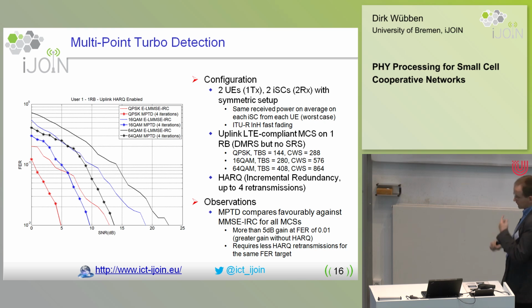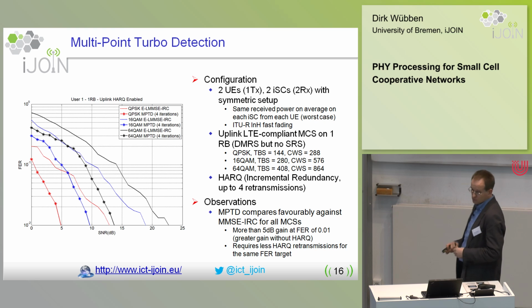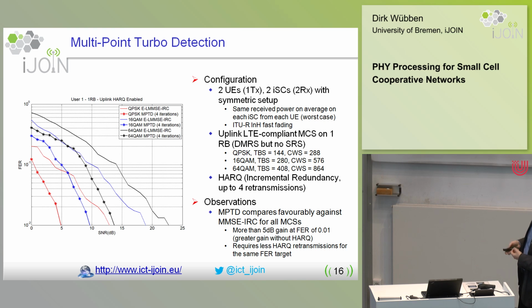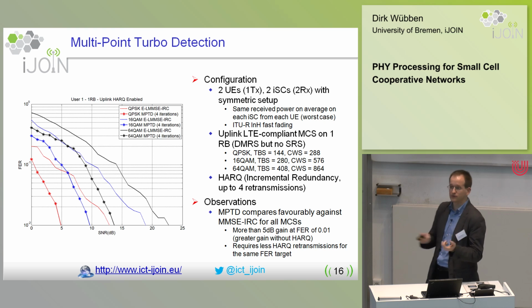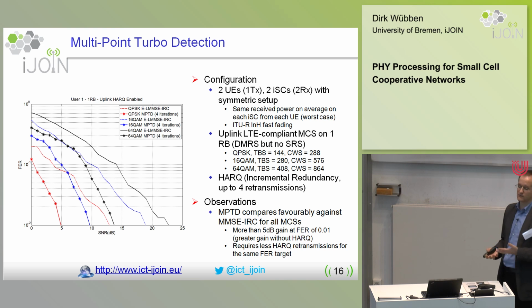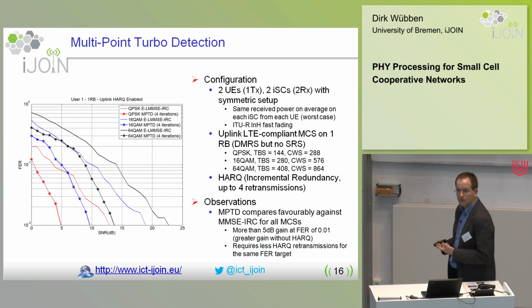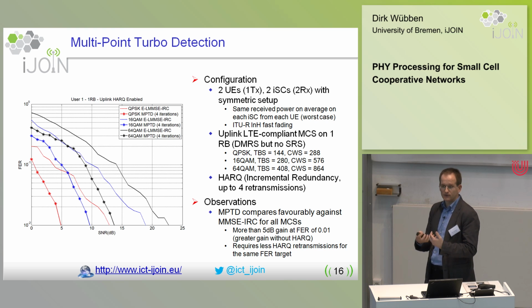We have 2 ISCs with 2 receive antennas, and we have a kind of a symmetric setup, so the users have basically the same average path loss to both of the ISCs, which is the worst case when we would really like to separate these 2 user signals.